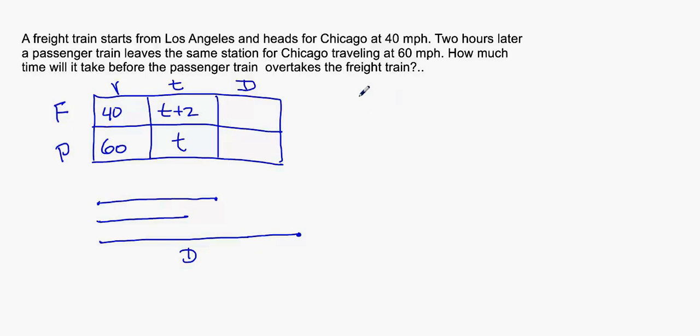So we can set an equation saying that 40 multiplied by the time, which is t plus 2, must be exactly equal to the other distance, 60t. So 40 times t plus 2 will be equal to 60t, and then we can solve the equation and solve for time.